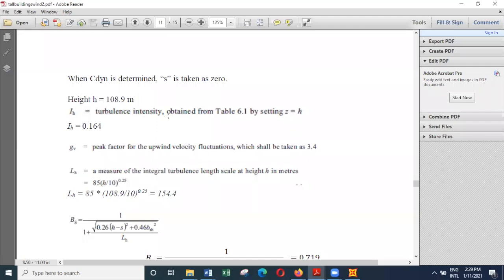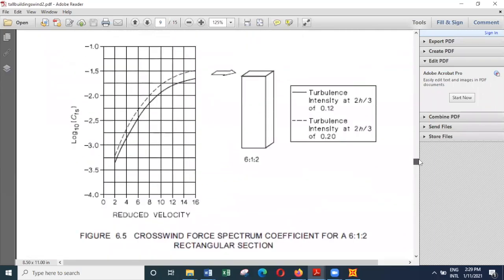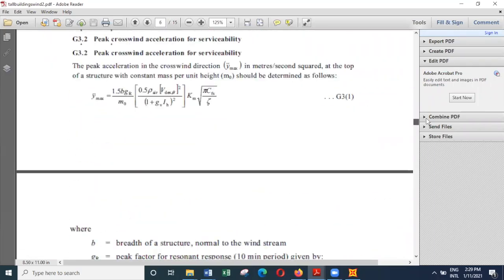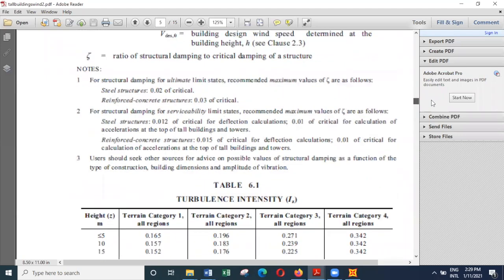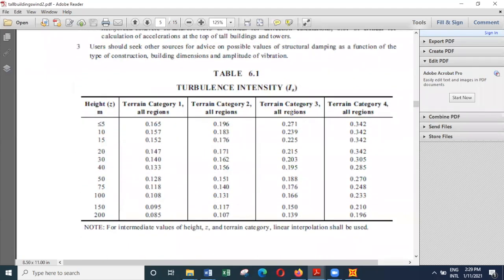IH is the turbulence intensity, and it depends on the height and the terrain category. So height is 108.9 and the terrain category is 3. It will be a value in between 0.15 and 0.166, so I have used a value like 0.164 for a height of 108.9 meters.